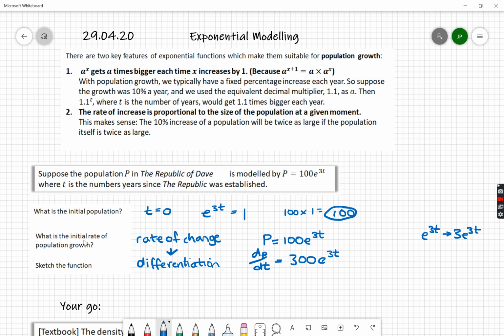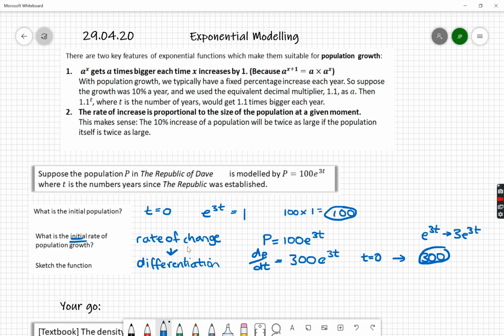And the initial, because obviously that's going to be important, initial means we'll have t equaling 0. So when t equals 0, my initial rate is 300. So 300 people per year.